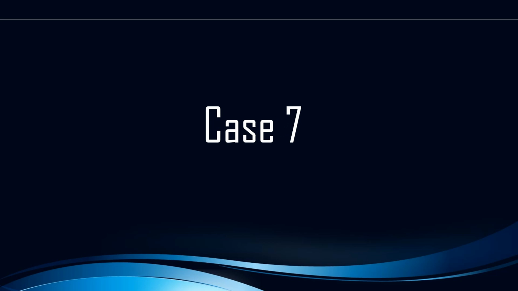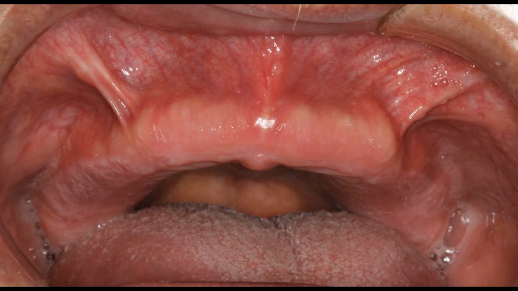Case 7. Probably 15% of the time we have patients who come in that don't have any teeth at all. And the bone loss, the natural bone loss that happens when the teeth have come out varies significantly.